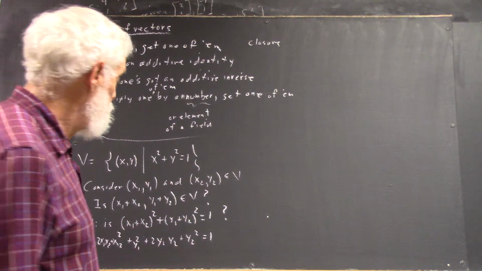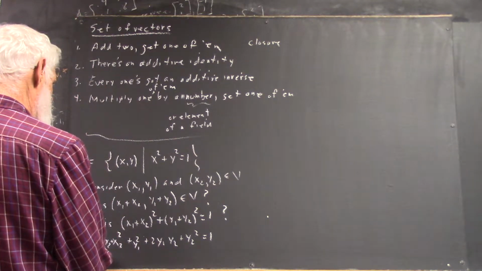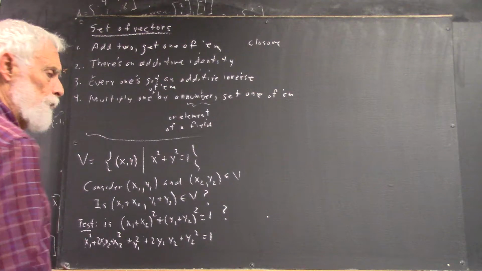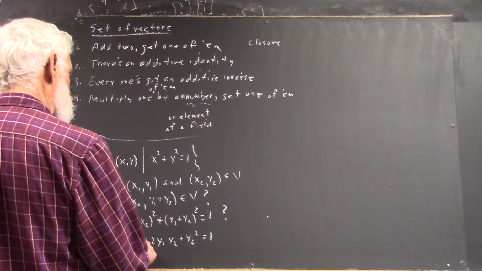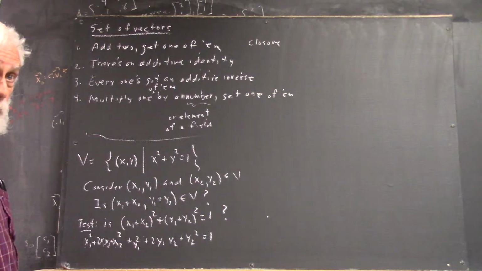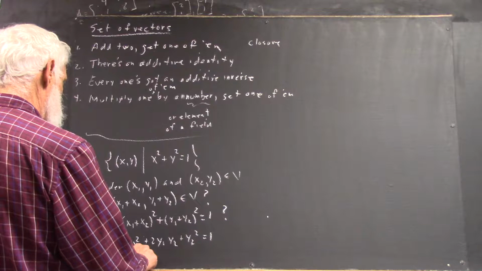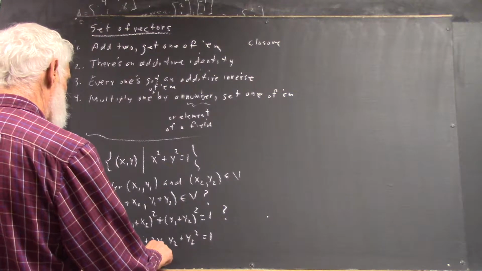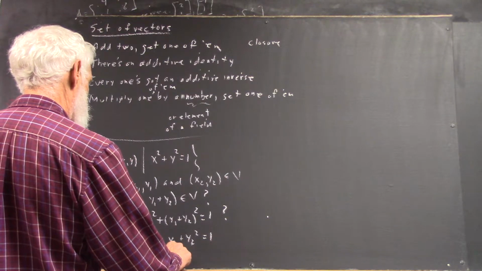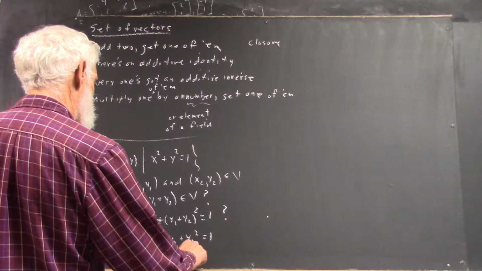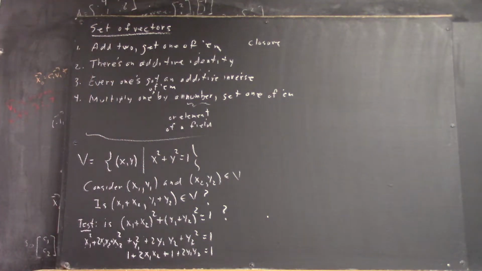And then we would maybe, hopefully, look at the fact that we've got x1 squared plus x2 squared, which is 1, right? And we got y1 squared plus y2 squared, which is 1. So now we have 1 plus 2x1 x2 plus 1 plus 2y1 y2 equals 1, right?